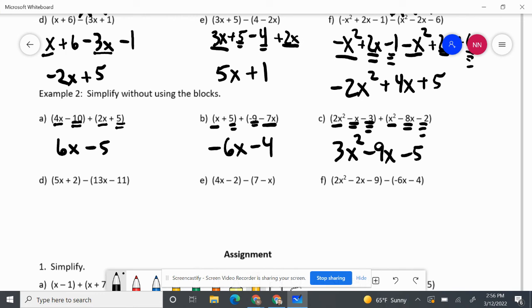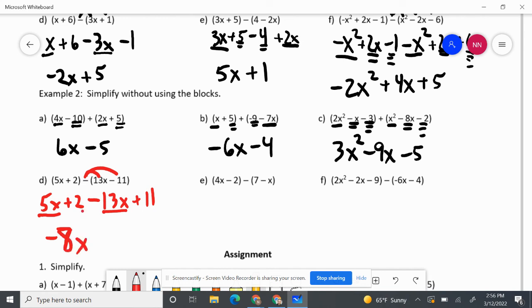Now with the subtracting, remember I'm distributing the negative to each of the terms. So I have 5x plus 2 minus 13x plus 11. 5x and -13x is -7. Sorry, -8x. And then I have a 2 and an 11, which would be a 13. With the next one, I'm distributing the negative to each of the terms. So I have 4x minus 2 minus 7 plus x.